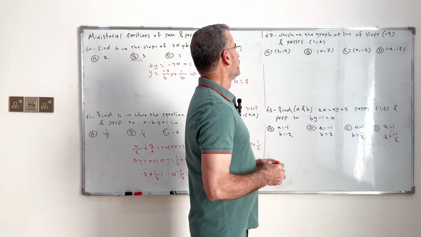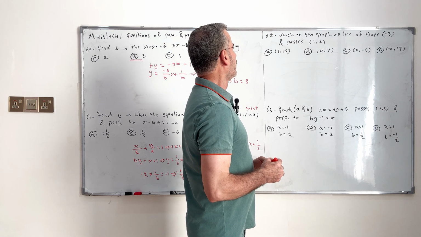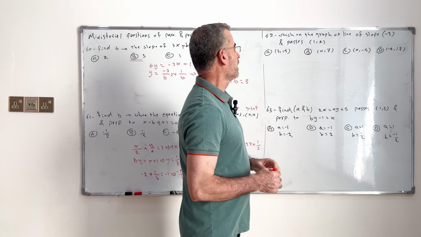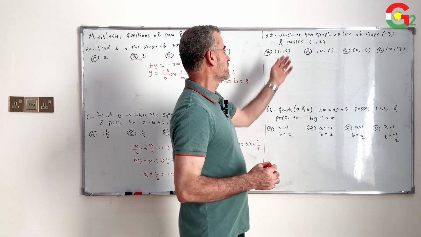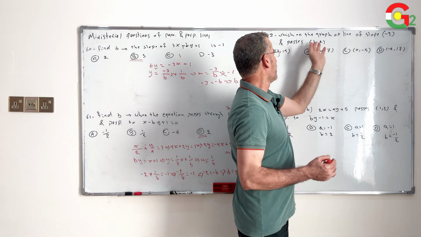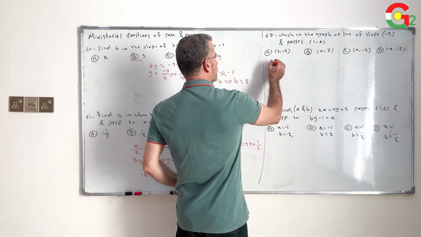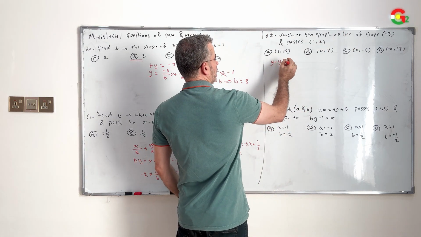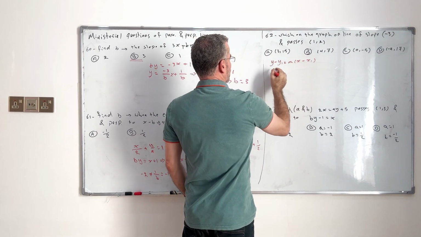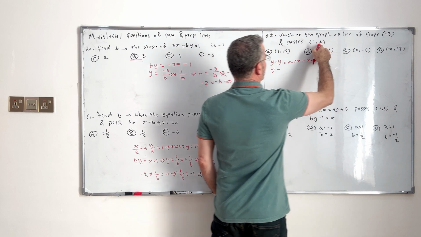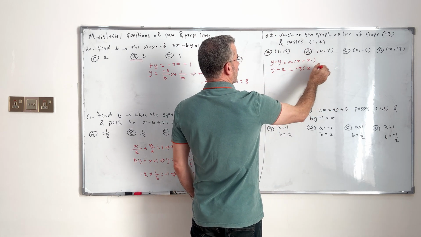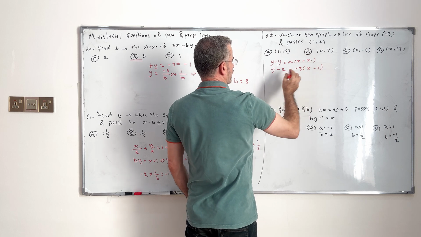Which point is on the graph of the line with the slope negative 3 that passes through the point (1, 2)? I have the slope and I have the point, so I can use the point-slope form to find the equation of the line. y minus y1, 2, equals slope negative 3 times x minus x1, 1.